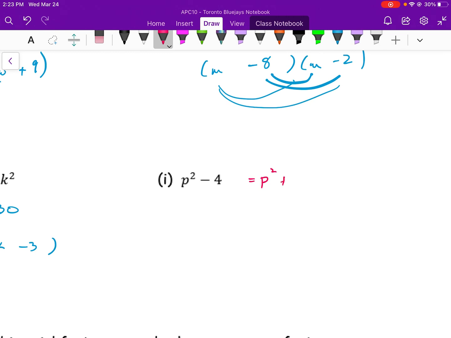I could write it as this, couldn't I? If I add 0p to this, in other words 0, it's still the same thing. Now, I need to find two numbers that multiply to negative 4, but add to 0. And we actually took this example before, and that would be negative 2 and 2.